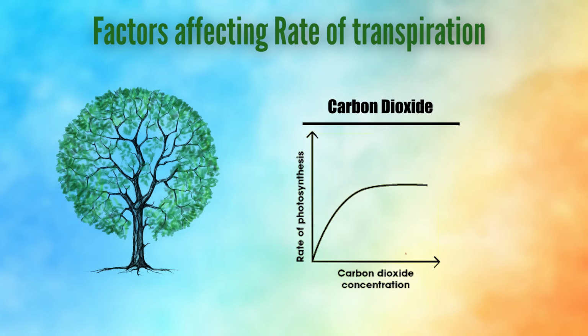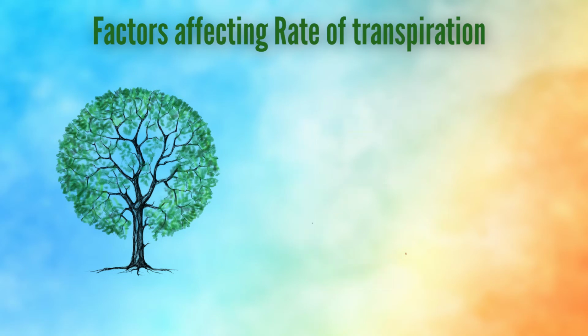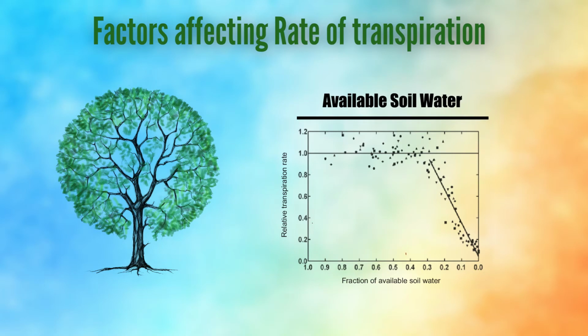An increase in concentration of carbon dioxide in the atmosphere over the usual concentration inside the leaf retards transpiration because it leads to closure of stomata. Available soil water. Rate of transpiration will decrease if there is not enough water in the soil.